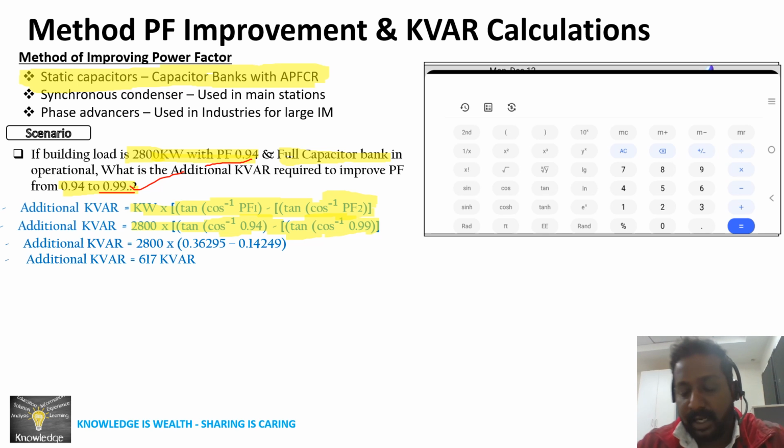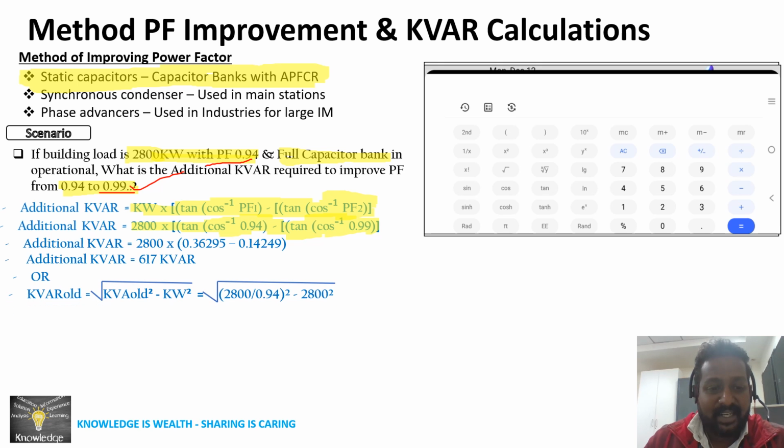Let's go to another method of calculation. Earlier I said one formula is kVA square is equal to kilowatt square plus kVAR square. In that formula also we can derive the additional kVAR required to improve the power factor. So let's go to the second calculation, option 2.